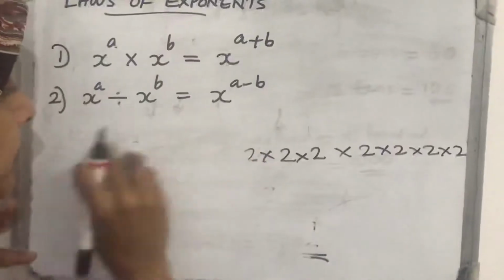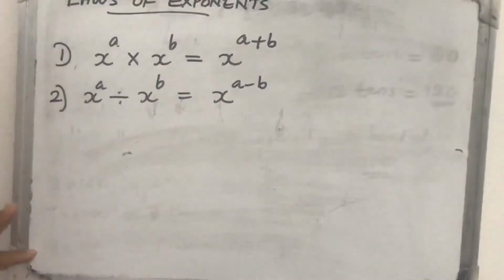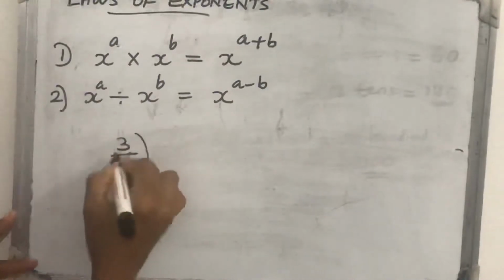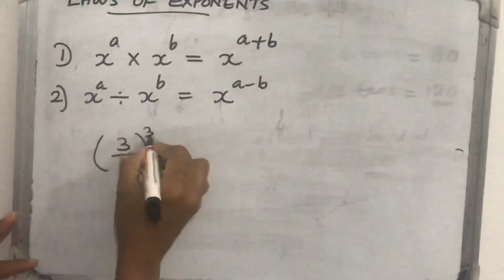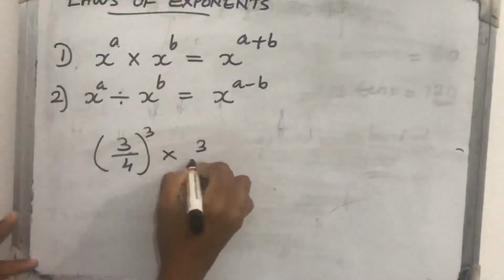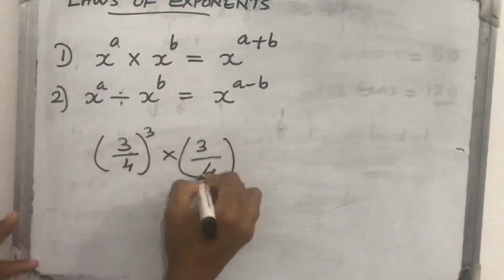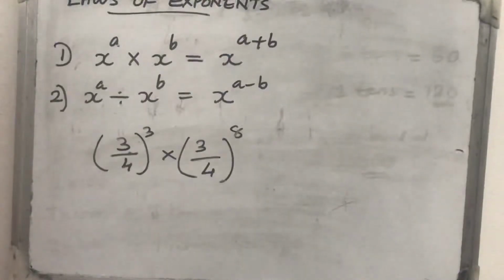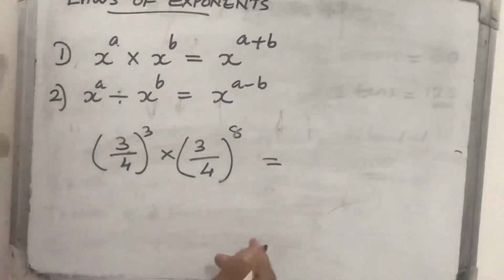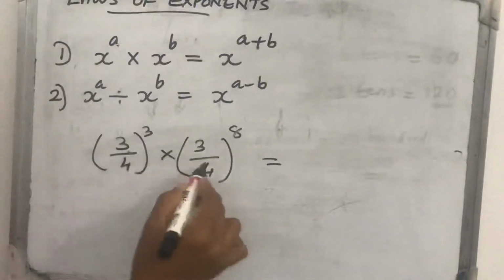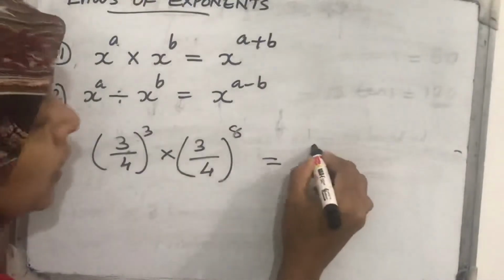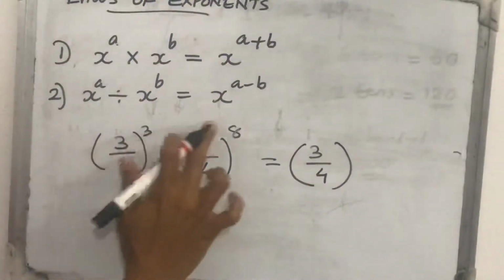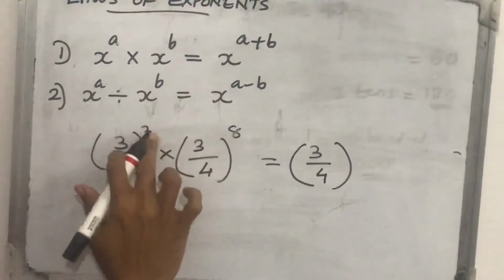Another example, 3 by 4 whole raised to 3 into 3 by 4 whole raised to 8. How can we multiply this? Here both bases are the same. So 3 by 4 whole raised to, what are the powers? 3 and 8.